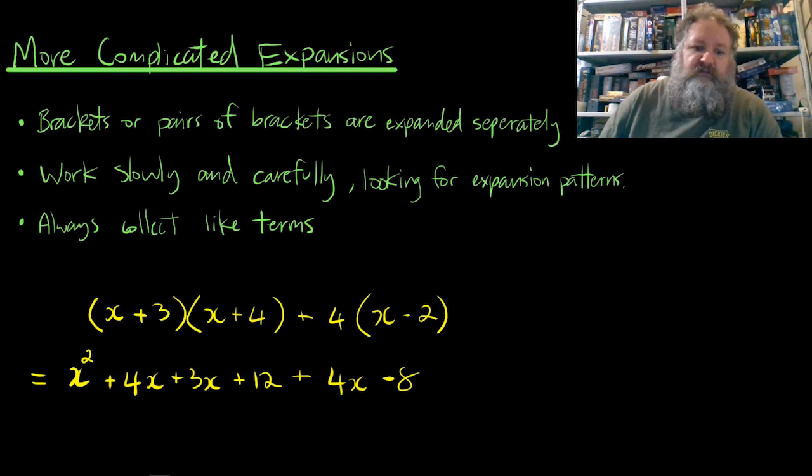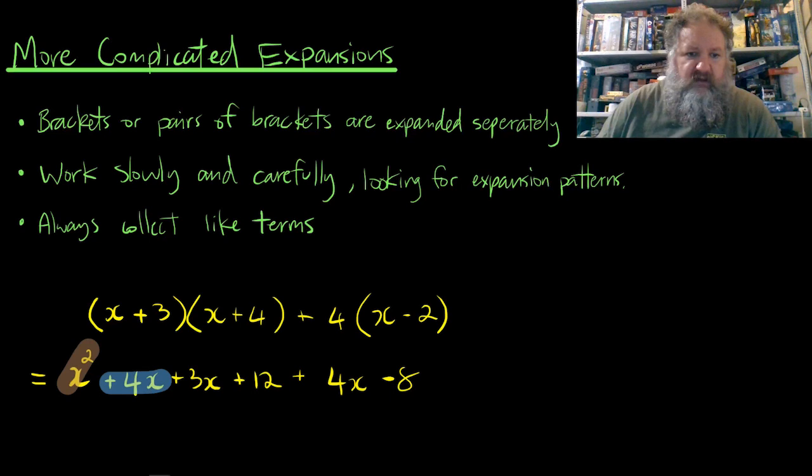Okay, so I can have a look and I can go, well, here's an x squared. I don't have any other x squareds, so my answer will only have a single x squared. Alright, so let's have a look for some x values. Well, I've got an x value here and an x value here and an x value here.